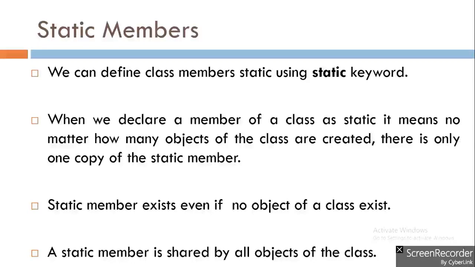That means a static member exists even if no object of the class exists. If we did not create any object of a class, then also we can have a copy of the static member in memory. So we can say a static member is shared by all the objects of a class.